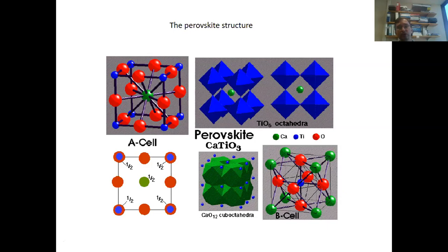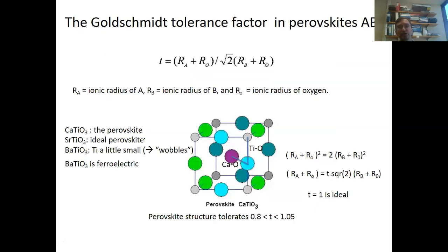Okay, so the perovskite structure is a fairly tolerant structure. It occurs pretty often, partially because it forms even when the ions do not fit exactly into their holes.